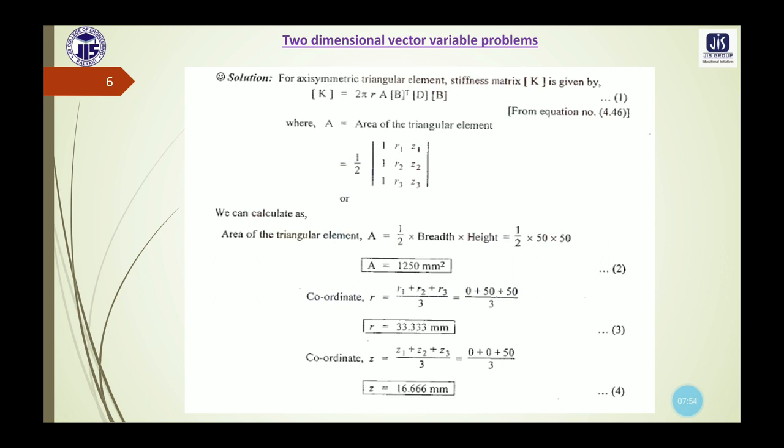Next, to calculate Z, we use the formula Z equals Z1 plus Z2 plus Z3 divided by 3. In this diagram Z1 and Z2 are 0, and Z3 is 50. So we can calculate Z as 16.666 millimeter.